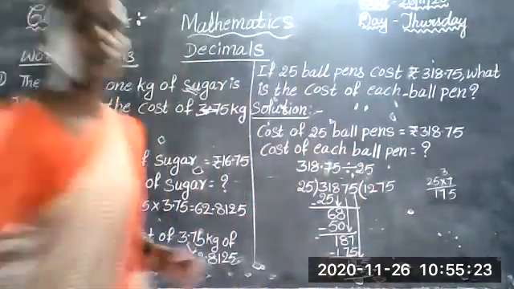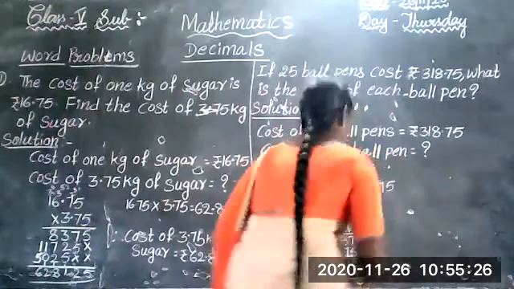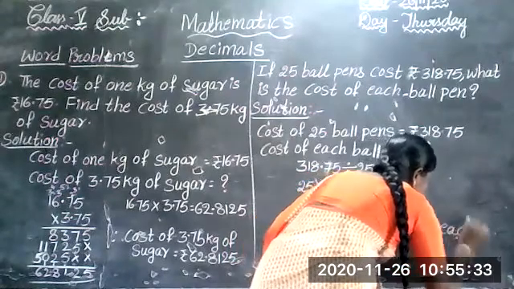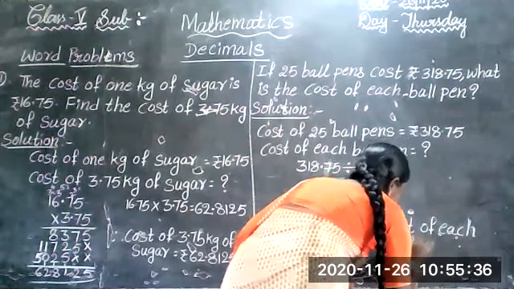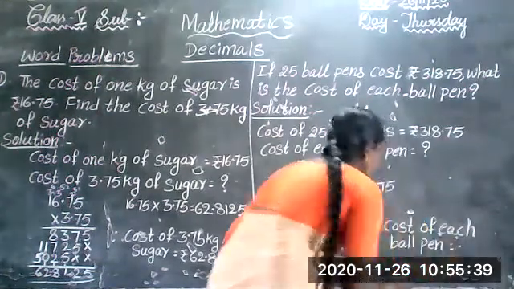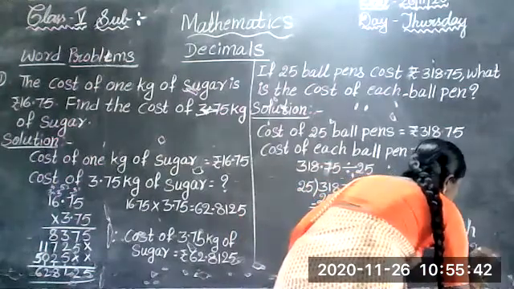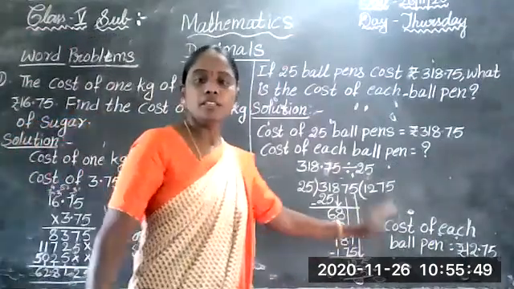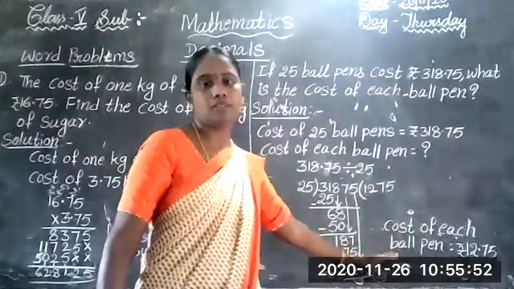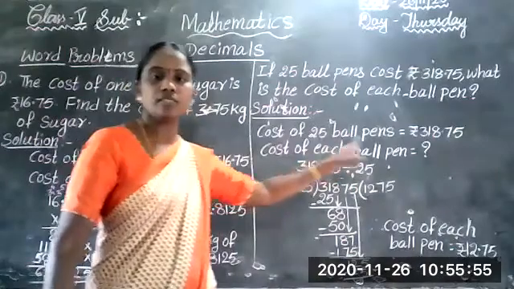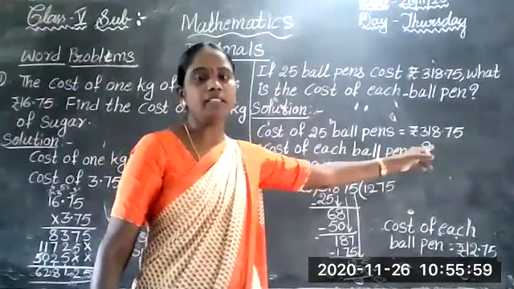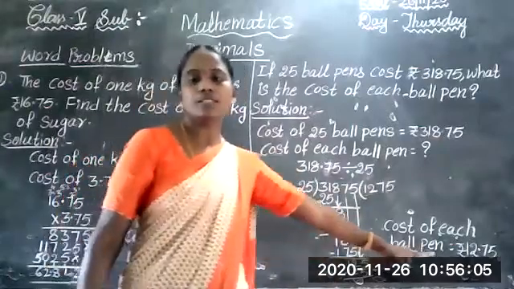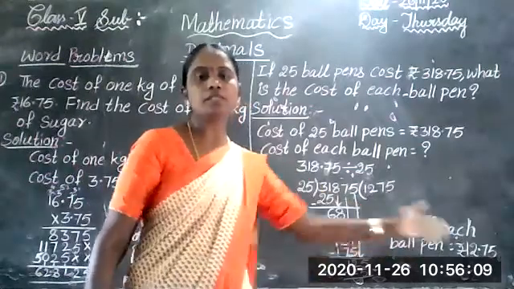So what is the cost of each ball pen? Cost of each ball pen is ₹12.75. 12.75 means that is the cost of each ball pen. 25 ball pens cost ₹318.75, but each one pen costs ₹12.75, 12 rupees 75 paise.